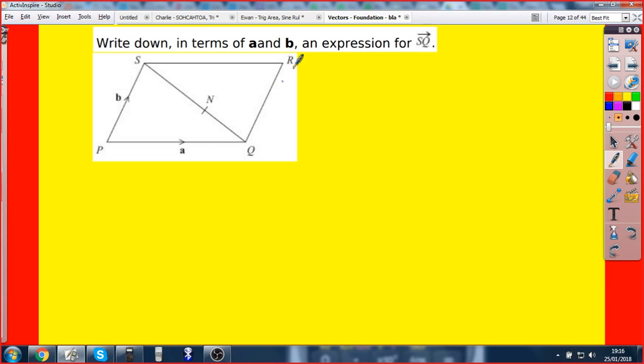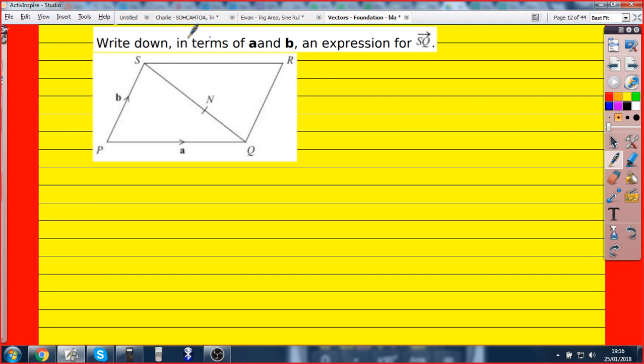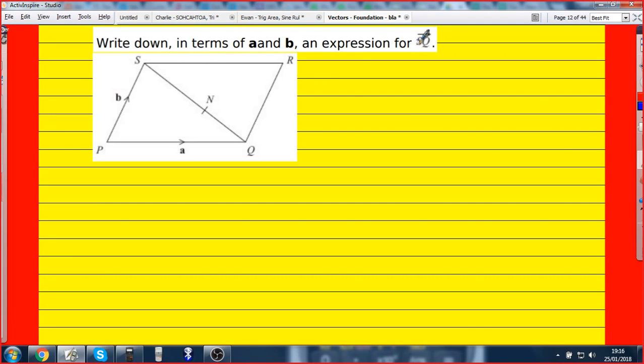So this is an exam question. Write down in terms of A and B an expression for SQ. So from S to Q, how can you write that down in terms of A and B? Oh, because A and B go, so it's like a triangle, isn't it?